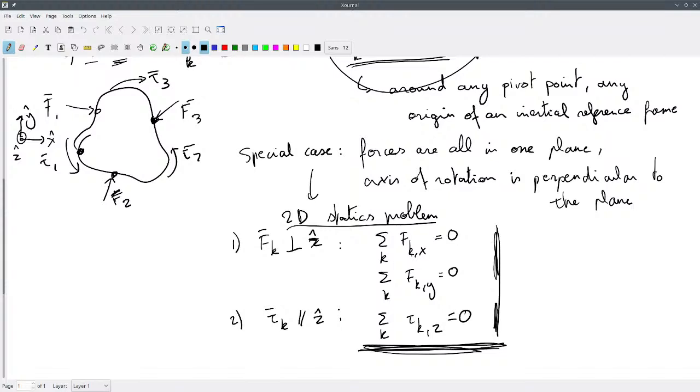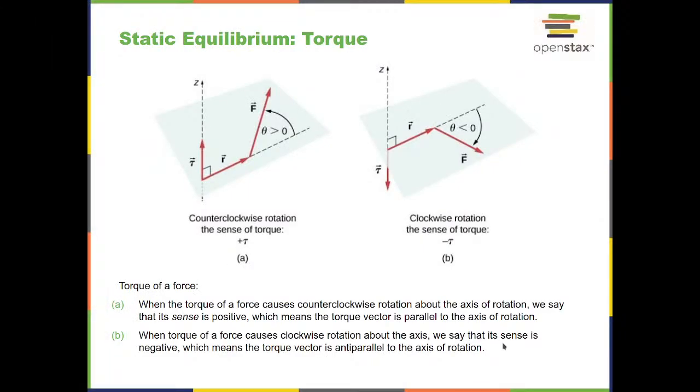And again, this is going to be a very common situation. I think there's maybe one problem we do in statics that involves the full three-dimensional thinking, but most of them are just going to be two-dimensional problems. So for all of those problems, keep in mind the sign that you have to use for clockwise and counterclockwise rotation.